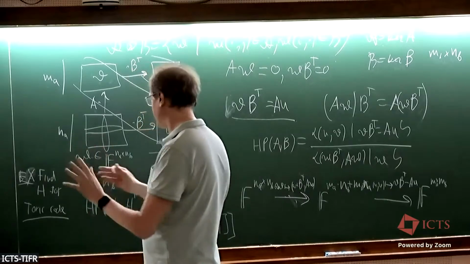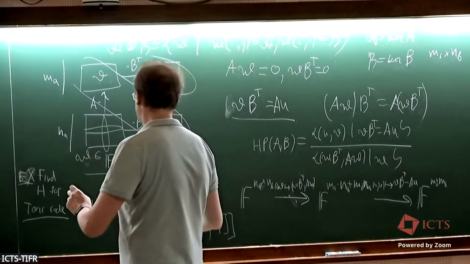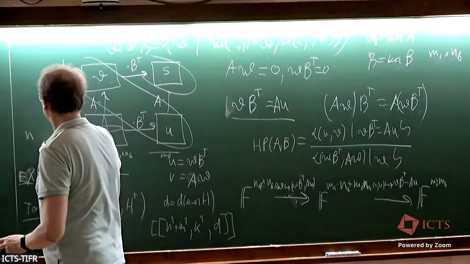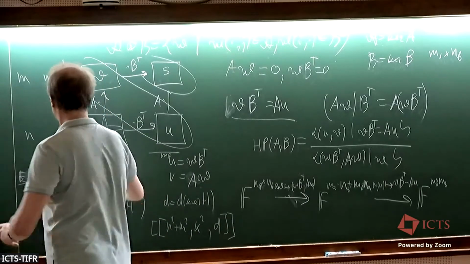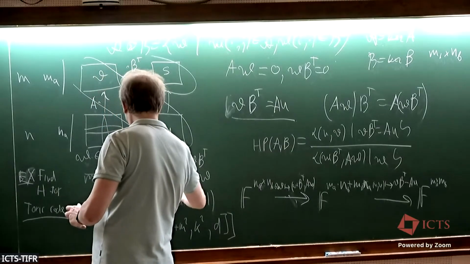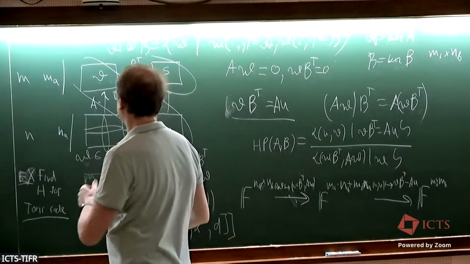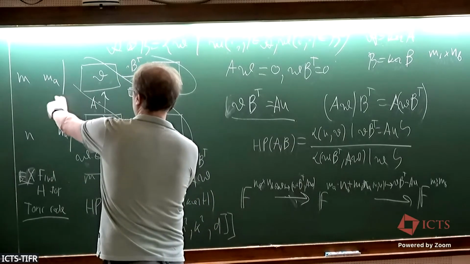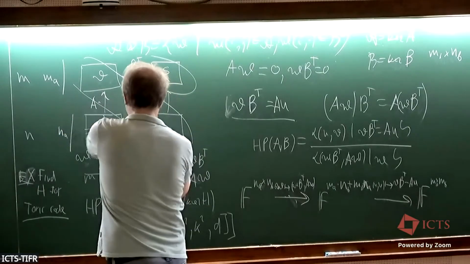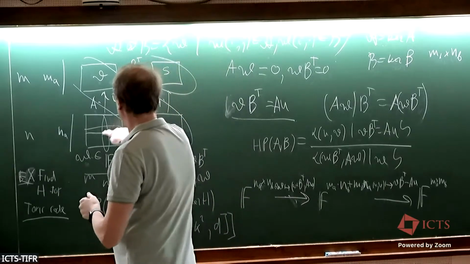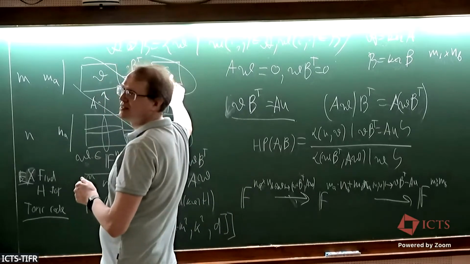So the dimension is very simple because here you have n, here you have m, but here you have m, and here you have n. So this means that here we have m by n and m by n. But here we have m squared and n squared.